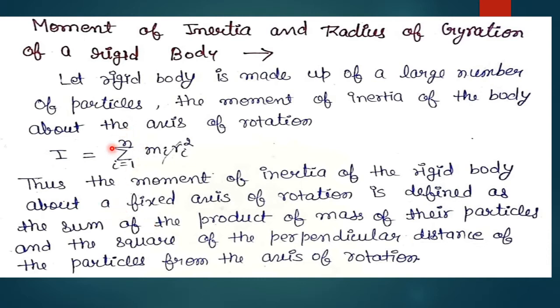This is the moment of inertia for the ith particle, and on taking the summation from i equals 1 to n, we get the moment of inertia of the body. Thus, the moment of inertia of a rigid body about a fixed axis of rotation is defined as the sum of the product of the mass of the particles and the square of the perpendicular distance of the particles from the axis of rotation.